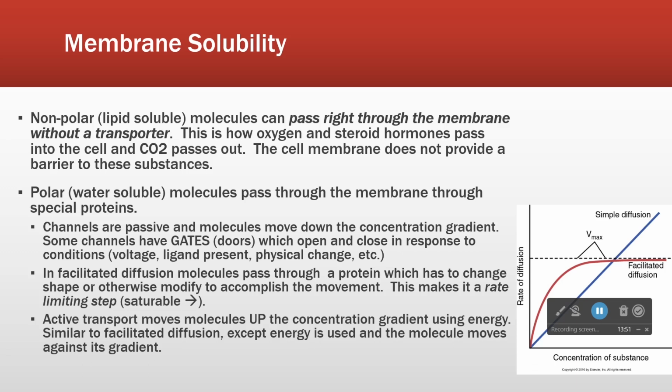So it's a little bit like an airlock, right? An airlock is where you have two doors, and you can open one door, make the pressure the same, and then open another door. So it's like a two-step process. Facilitated diffusion works like that. But because it has to change its conformation, facilitated diffusion usually is a rate-limiting step.